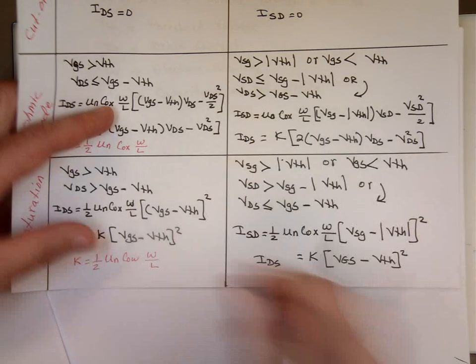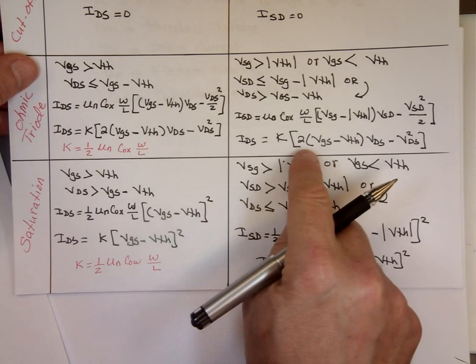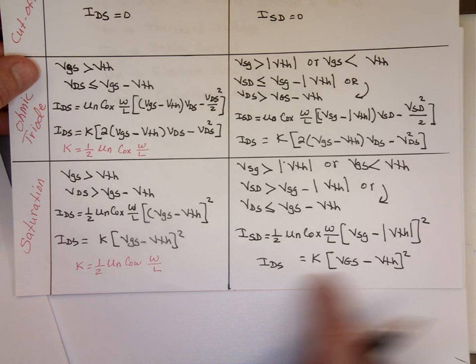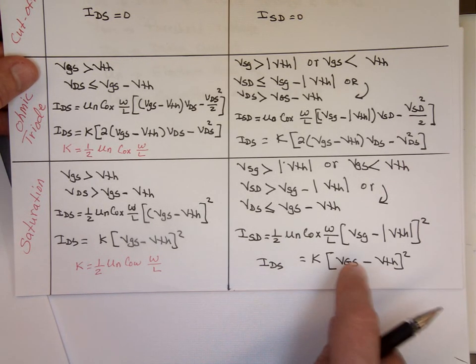So if I assume I'm in the ohmic mode, I have to use that equation now for my current, not this one. You can see why I always choose saturation, because this equation is much easier than that.